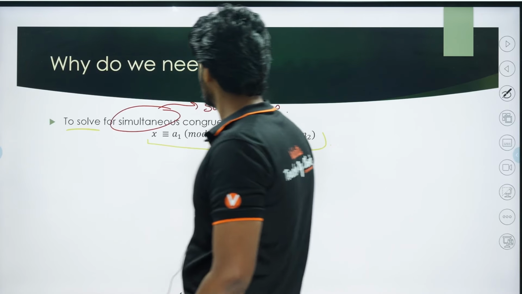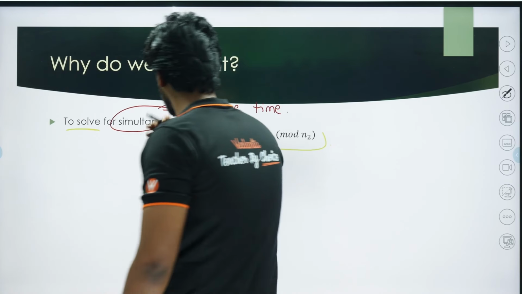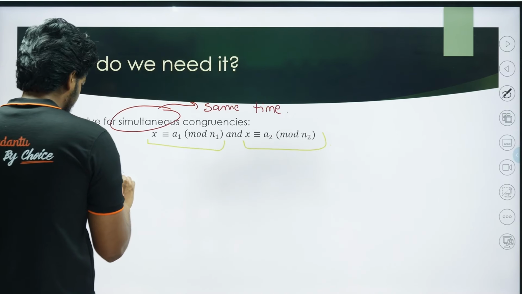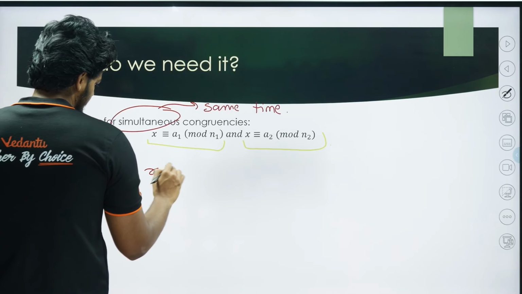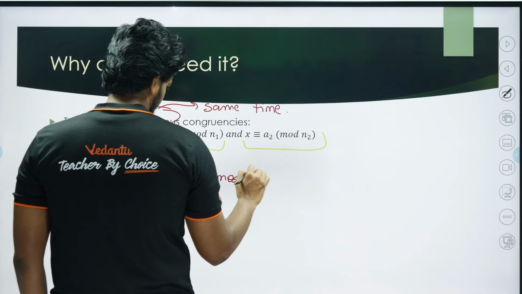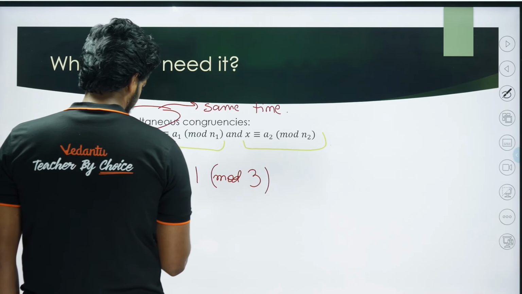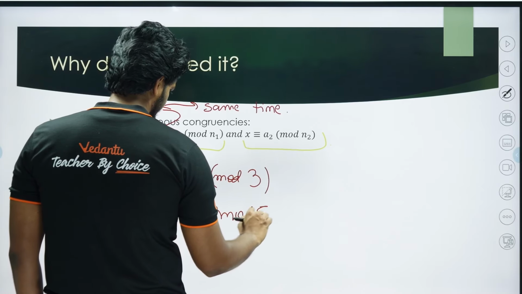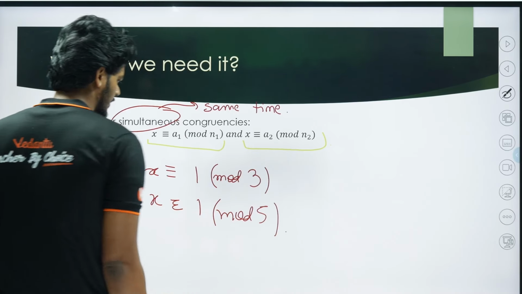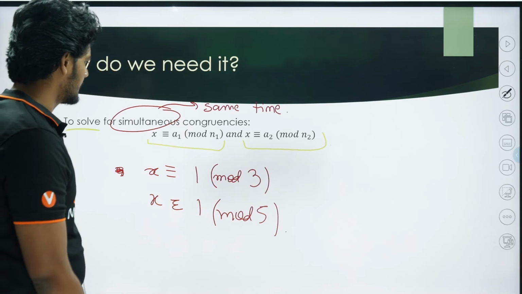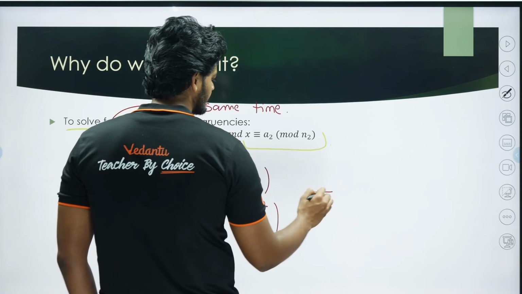okay, why is this important? One example we can take is x is congruent to 1 mod 3 and x is also congruent to 1 mod 5. Now in this case the congruency is 1, 1. So here the solution appears to be very, very simple.